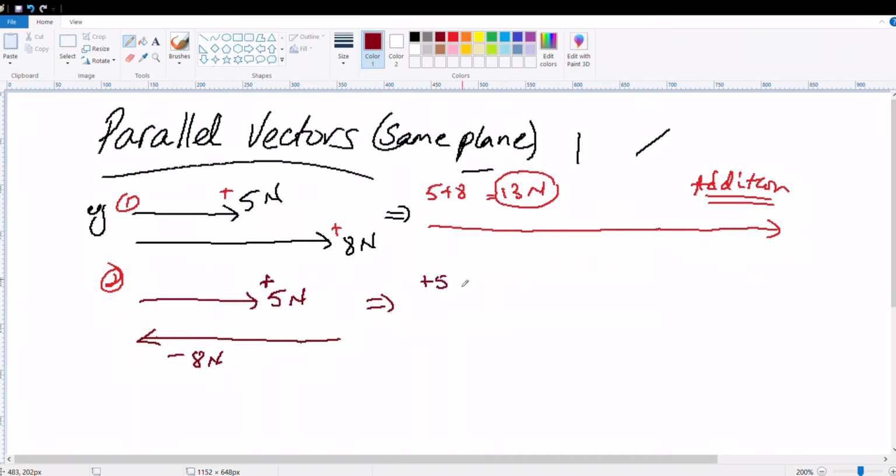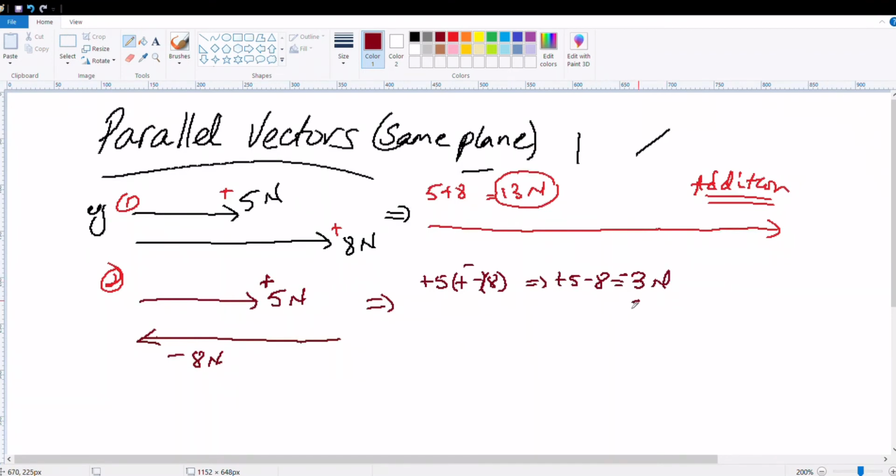When you add two numbers with different signs, one negative and one positive, the answer takes the sign of the larger number. So we will get minus 3 newtons.